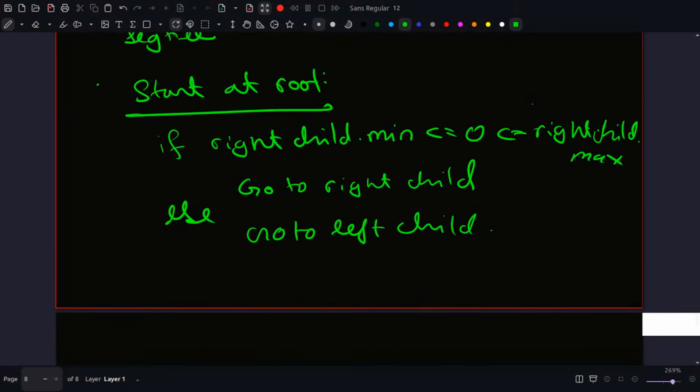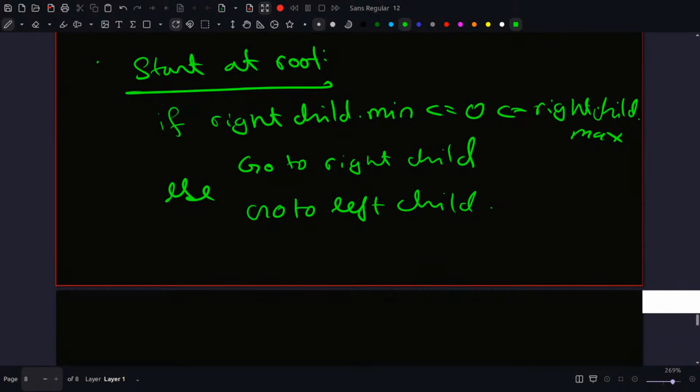So if the right child dot min is less than or equal to 0 and 0 is less than or equal to right child dot max, we go to the right child, or else the left child. If we are at a leaf node, just return the position.